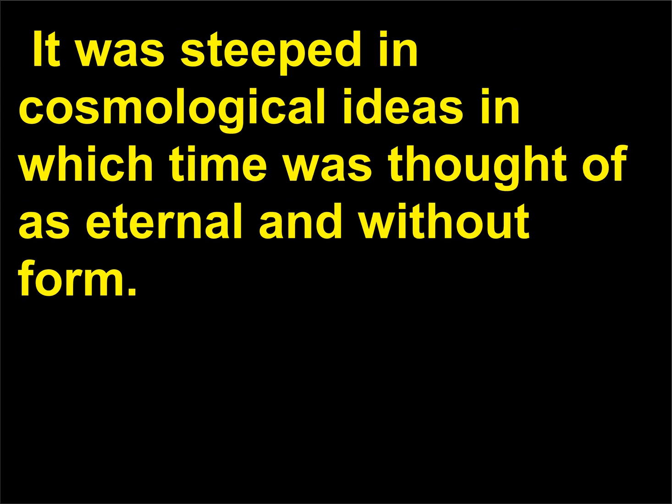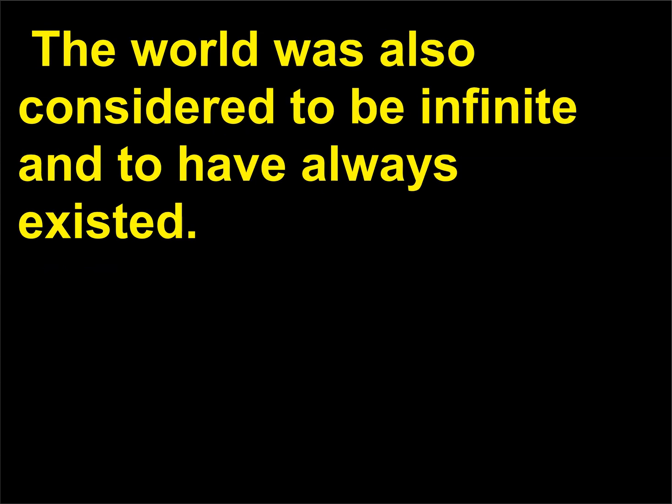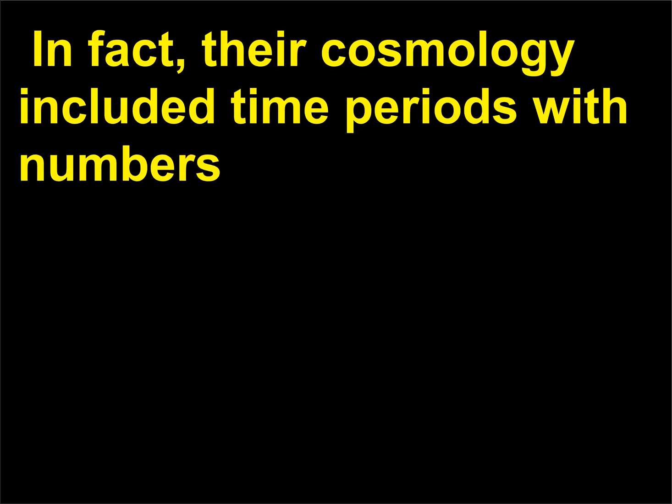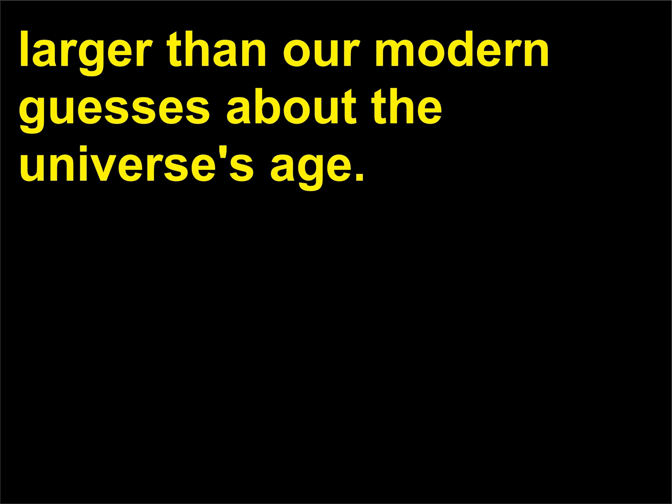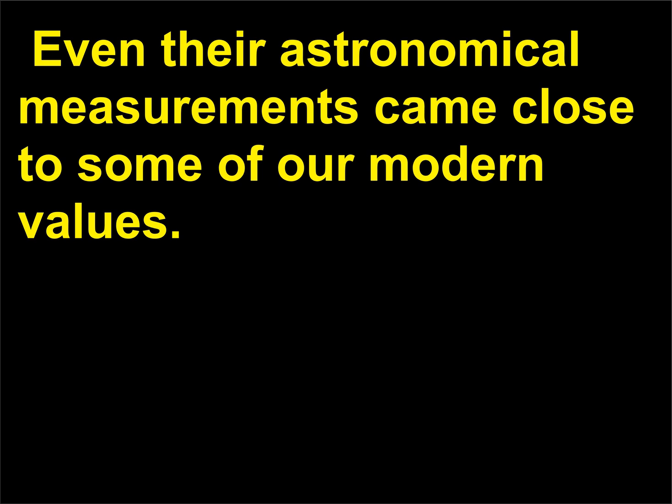It was steeped in cosmological ideas in which time was thought of as eternal and without form. The world was also considered to be infinite and to have always existed. In fact, their cosmology included time periods with numbers larger than our modern guesses about the universe's age. Even their astronomical measurements came close to some of our modern values.